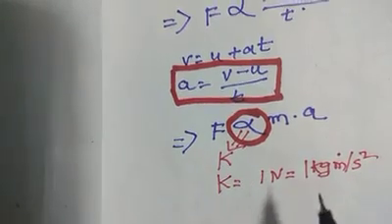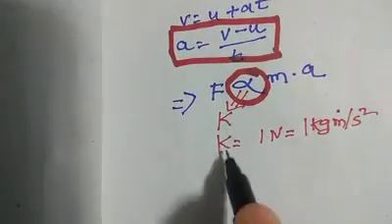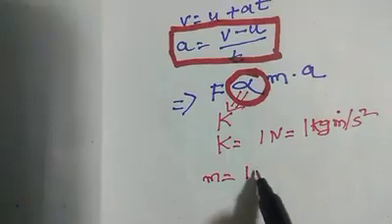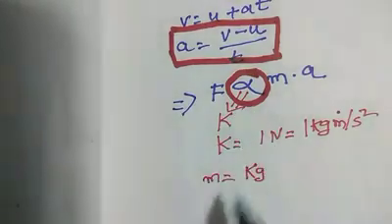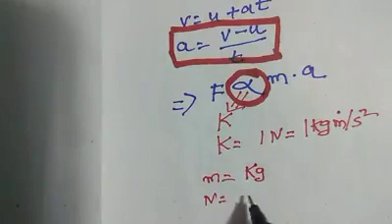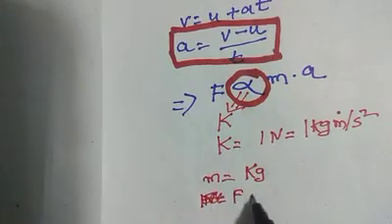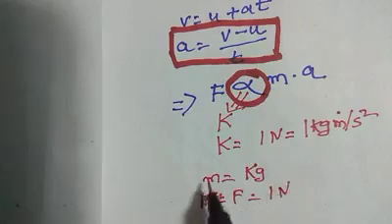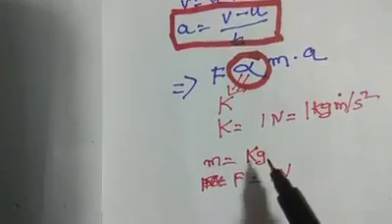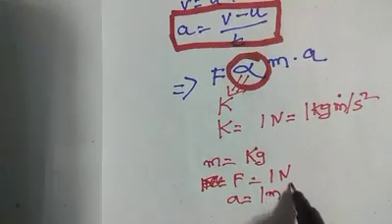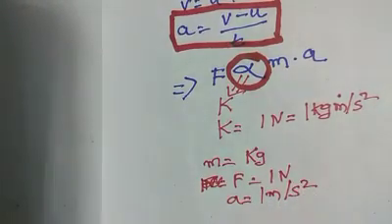Let me write it for you. Force is being replaced by 1 Newton, mass is being replaced by 1 kg, and acceleration is replaced by 1 meter per second square, right?